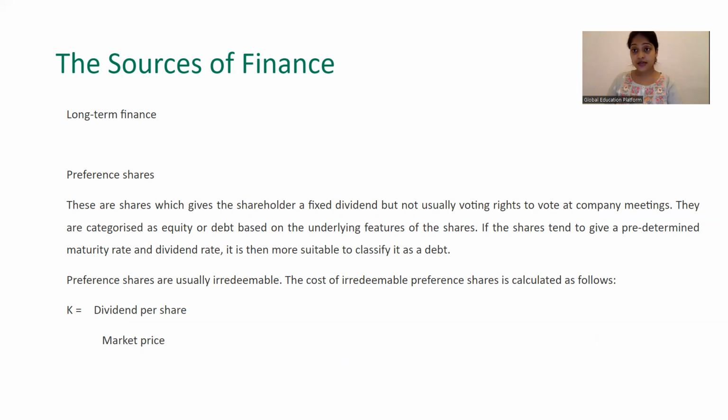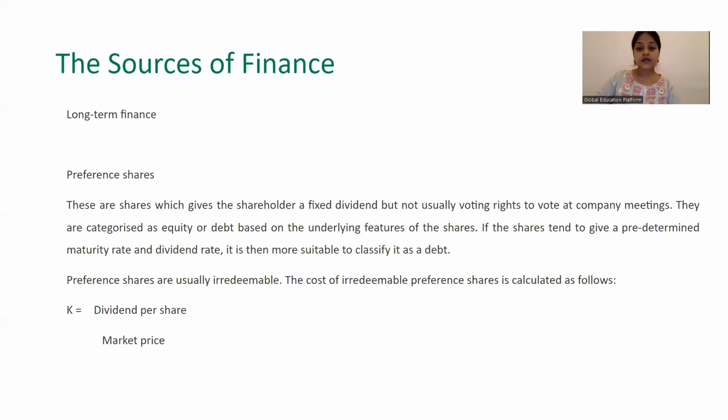In ordinary shares, voting rights are provided, but here there is a fixed dividend, and voting rights are not usually given at company meetings. They are categorized as equity or debt based on the underlying feature of the shares. If the shares tend to give a predetermined dividend rate, it is more suitable to classify it as debt. Preference shares are usually irredeemable.